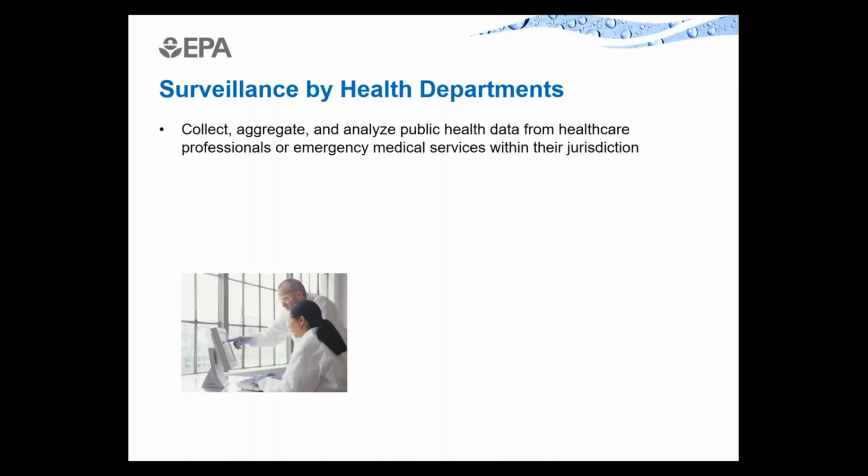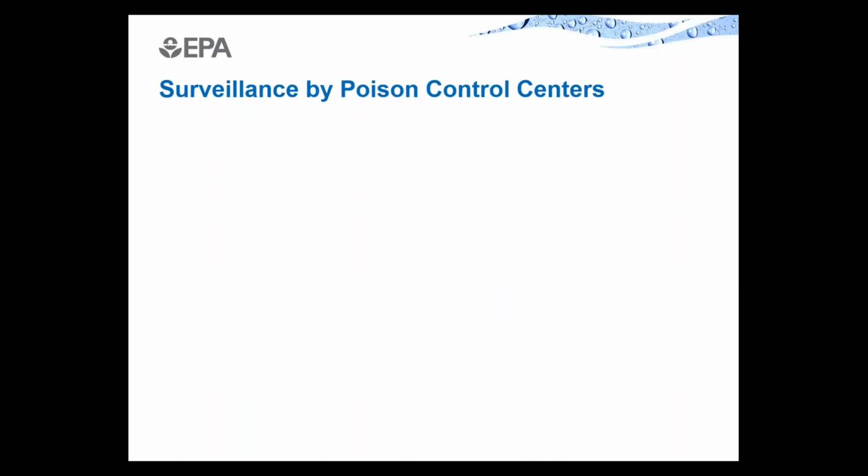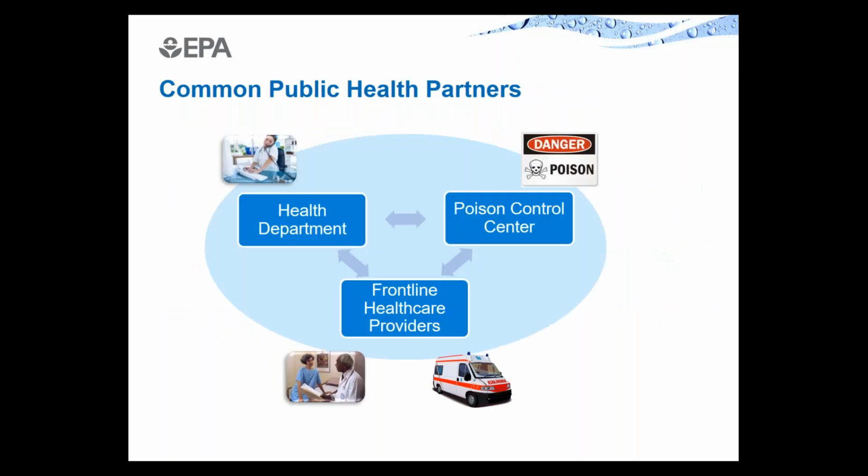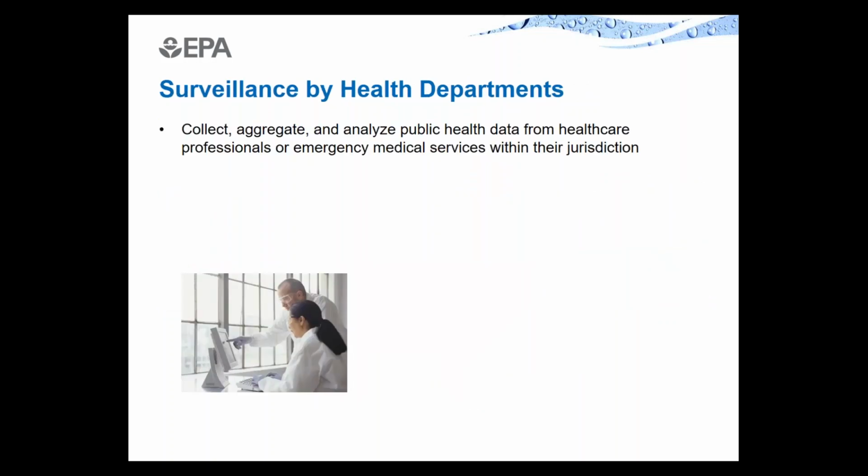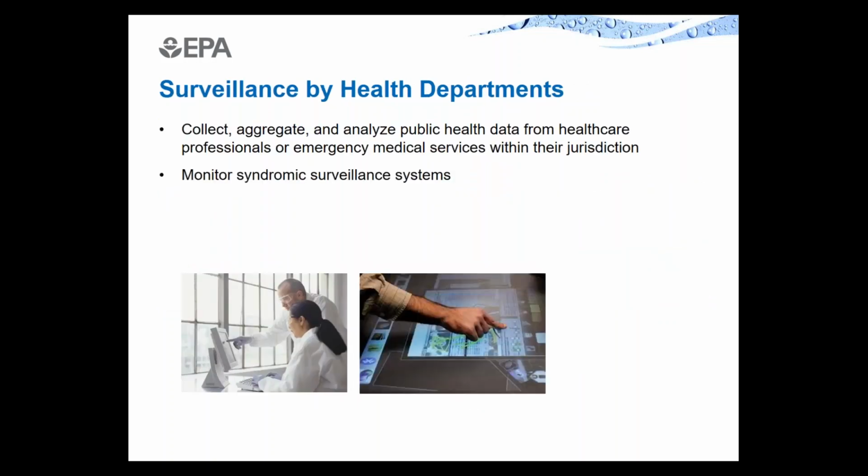So the health departments, again, are key players in conducting surveillance, and one of their main responsibilities is to monitor the health of the communities they serve. And again, they can do this by collecting and analyzing public health data.